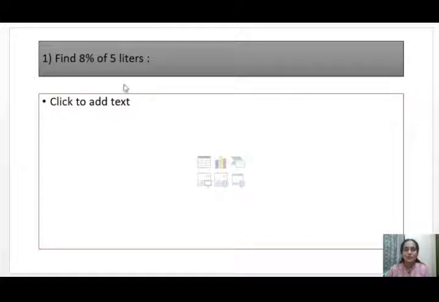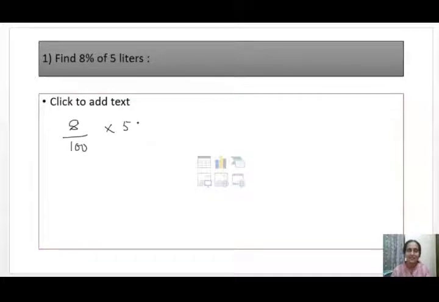We will move to the questions now, sums now. Hope you are clear how to convert percentage to fractions, and decimals. 8% means 8 by 100, 8 by 100 into 5 liters.